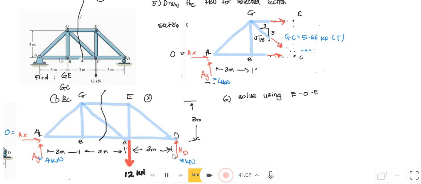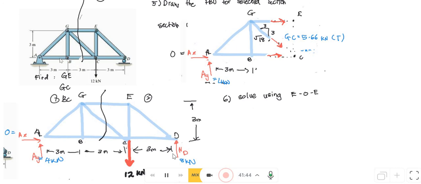So moment, okay, let's say you choose moment at point B. You have a lot of things to put in your equation because you have to put the GC, you have to put the GE, which is the one that we want to find, and also AY. But if you choose to pick point G for your moment, GE we don't have to calculate.